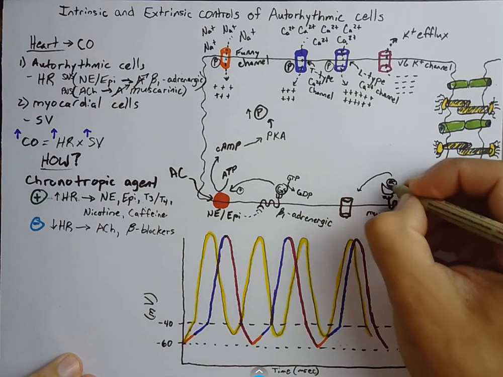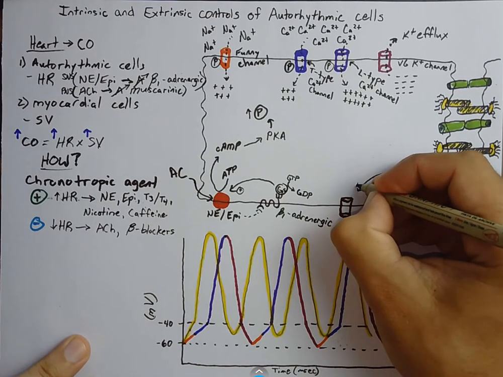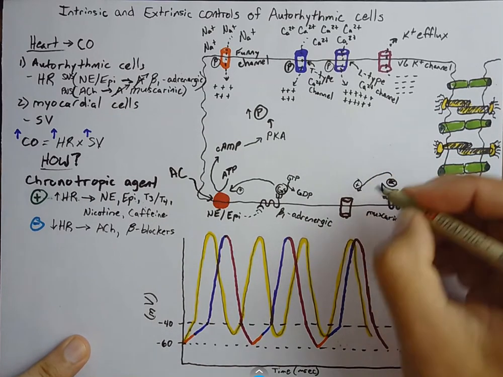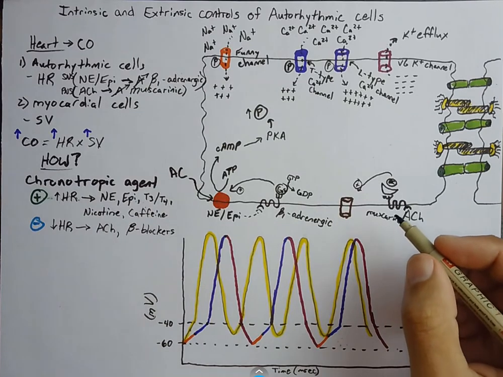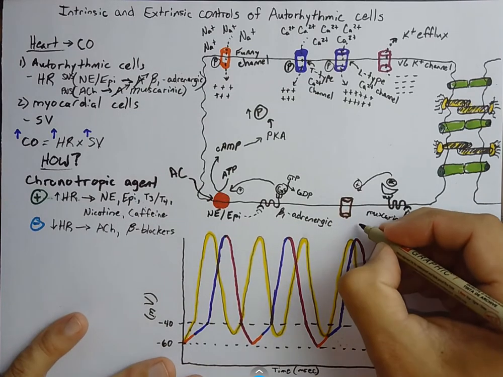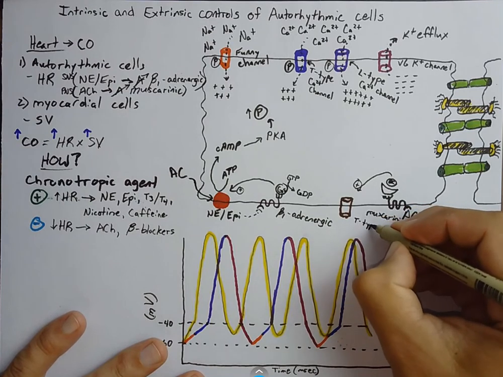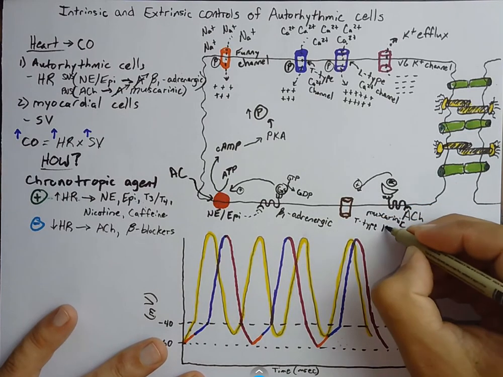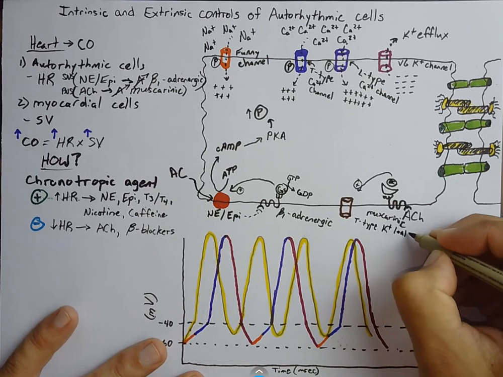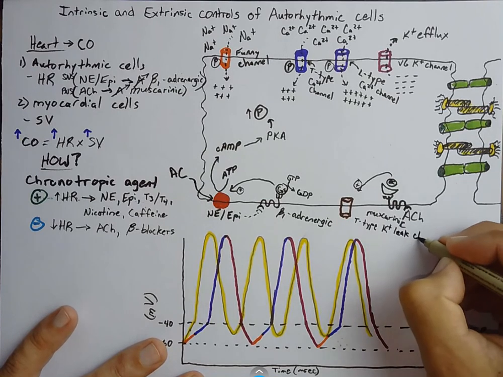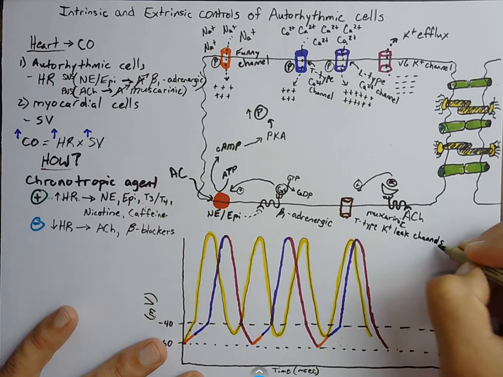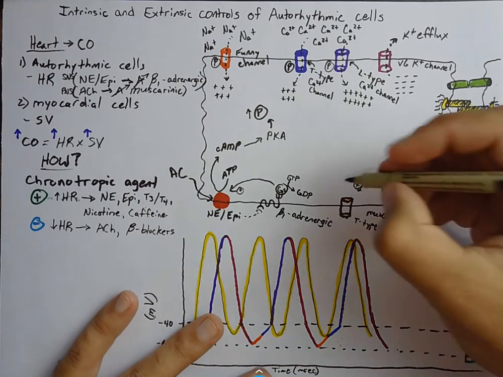And this alpha-I subunit is going to actually have a positive effect on these potassium leak channels. So in essence, I just end up writing these down as T-type transient type potassium leak channels. They're not voltage gated this time. They're just leak channels.